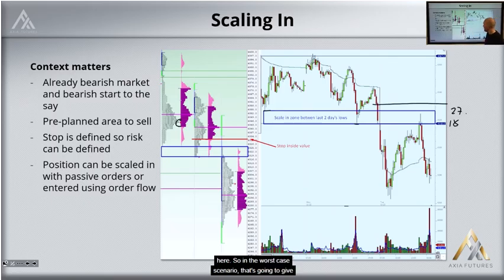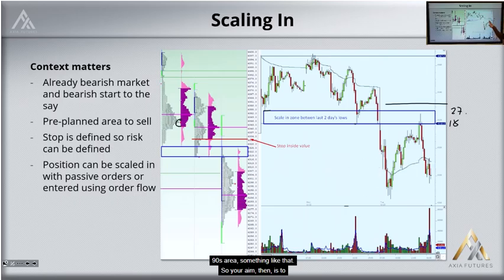So in the worst case scenario, that's going to give you a stop of maybe 15 ticks or so. So you've defined your stop. You've defined the area that you can get in, and you can define your target. In this situation, because we have traded down and back up, you're perhaps looking somewhere more towards the middle of range, somewhere back down here, around about the 90s area.